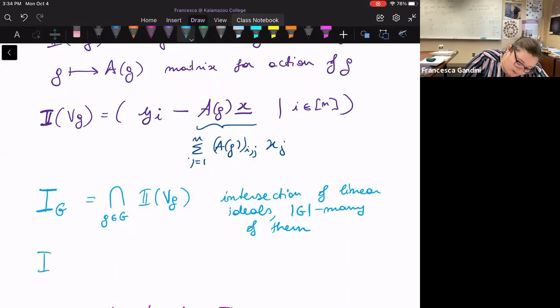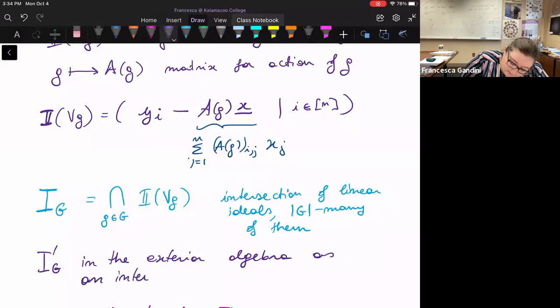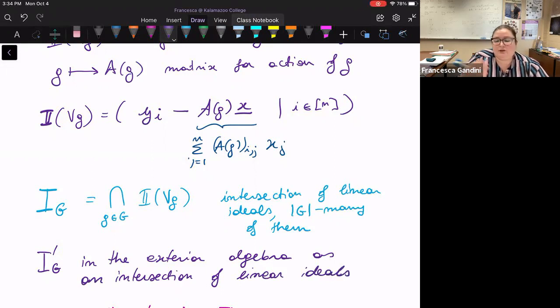So we can think about I prime of G in the exterior algebra as an intersection of linear ideals. So we can talk about ideals generated by linear forms. They don't make as much sense as vanishing ideals.